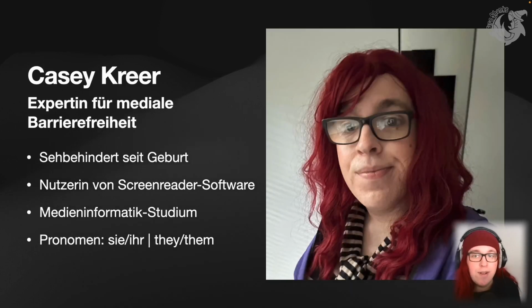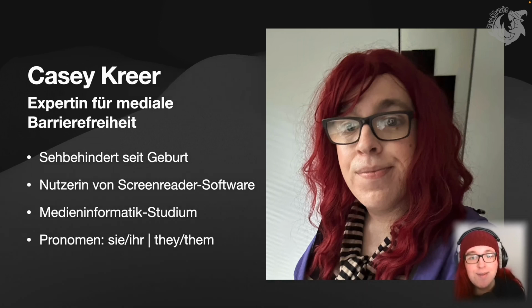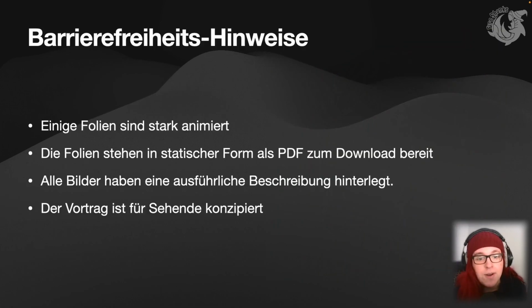So, short information about myself. I'm Casey. I have been using screen reader software since birth because I also have low vision or vision impairment, and I studied media informatics, so I know what to look out for, which qualifies me to tell you something about image descriptions.